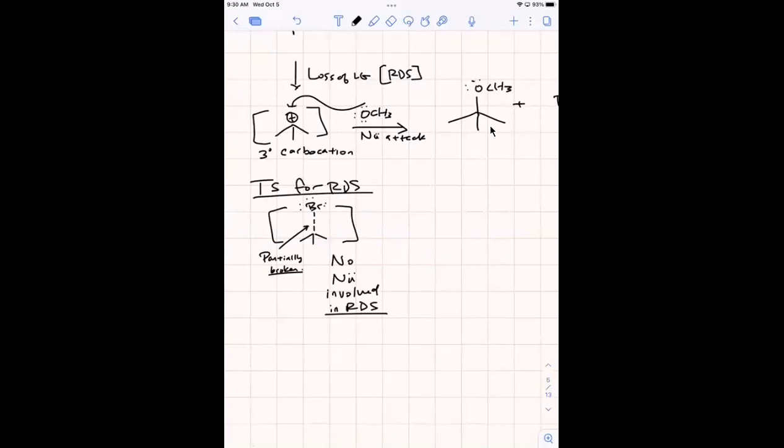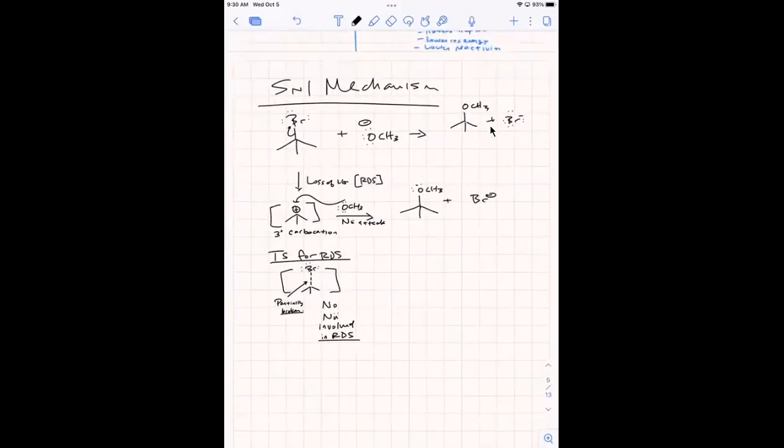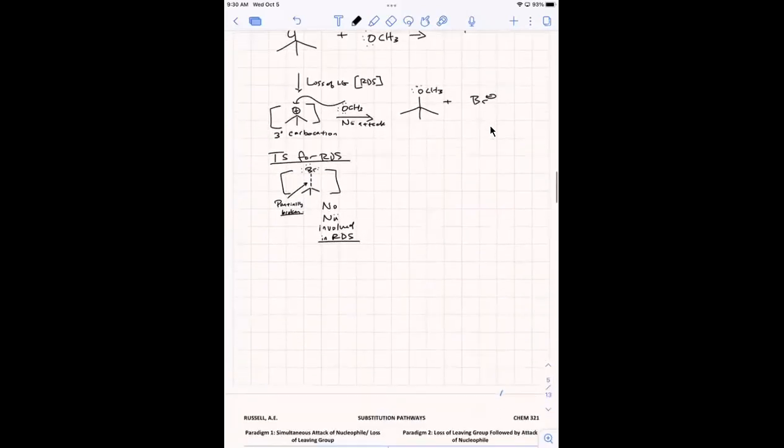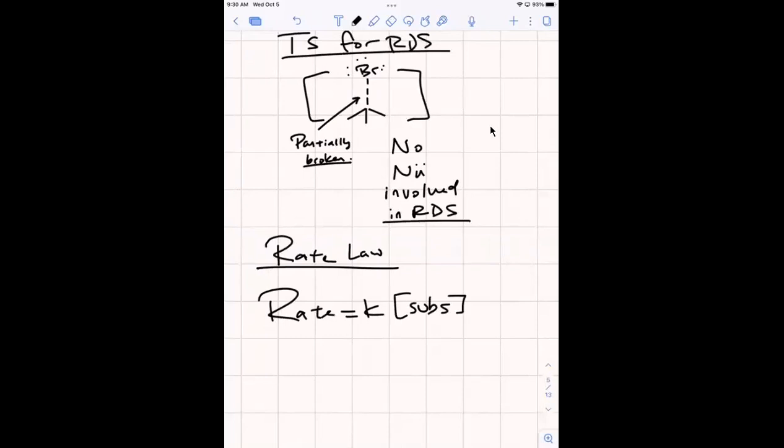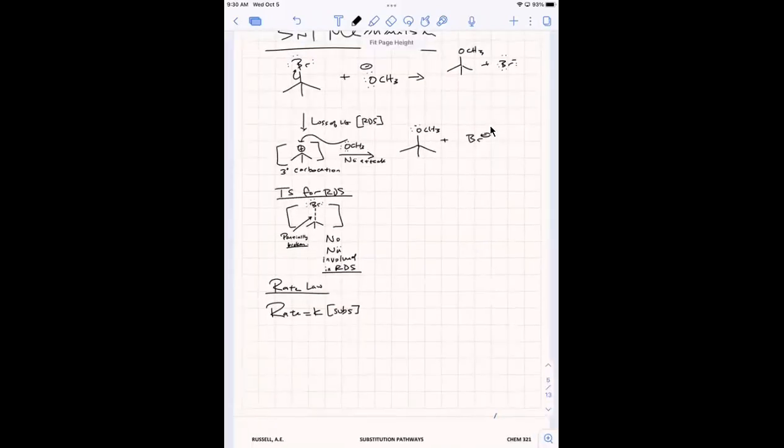All right, so when we write the rate law for the SN1, it's just dependent on the substrate, not the substrate and the nucleophile. Right, so it's first order in substrate, the nucleophile is not involved. So with that being said, what if I triple the concentration of the nucleophile in the reaction? What do you think would happen to the rate?